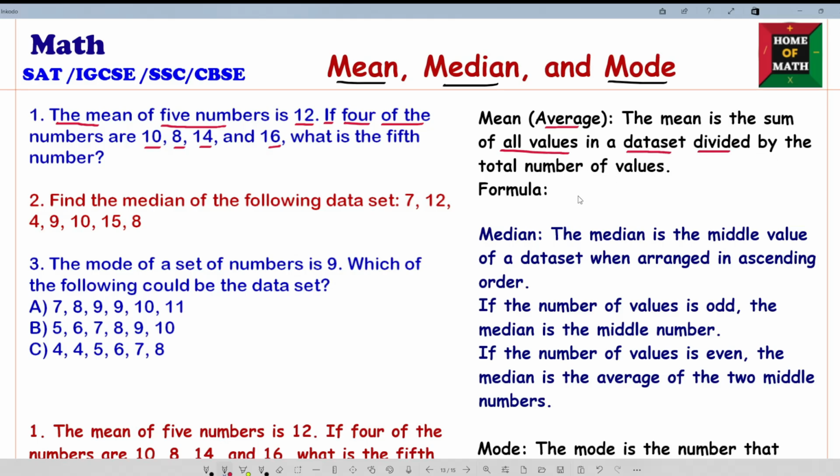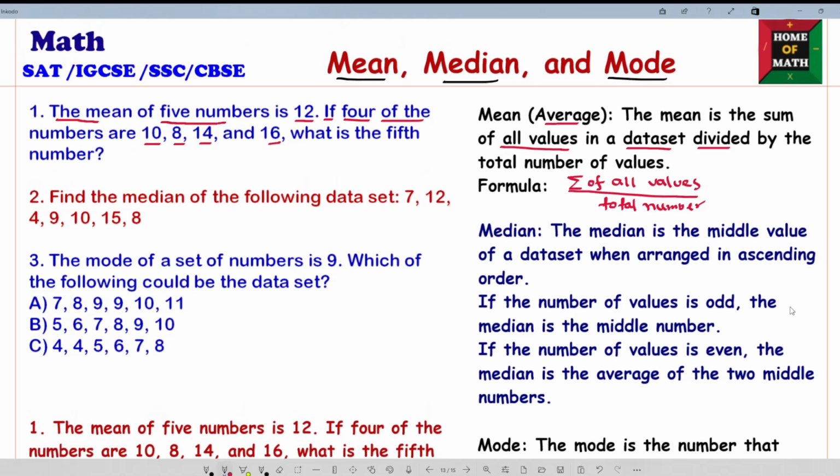number of values. It means summation of all values, divided by the total number. So for this question we can write like this.